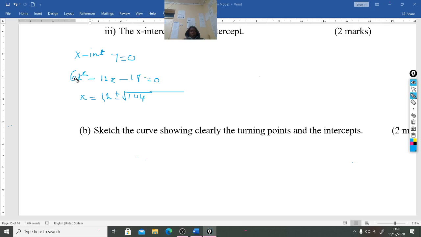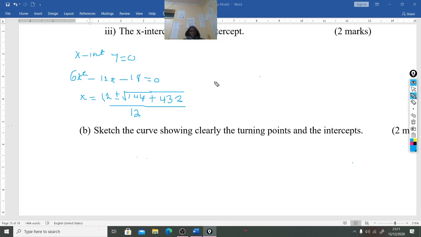Minus 4 times a, which is 6, then times, remember it's minus, times negative 18. This must be positive because of the negative, so plus 4 times 6, which is 24, times 18, gives you 432. All over 2a, 2 times 6, which is 12.